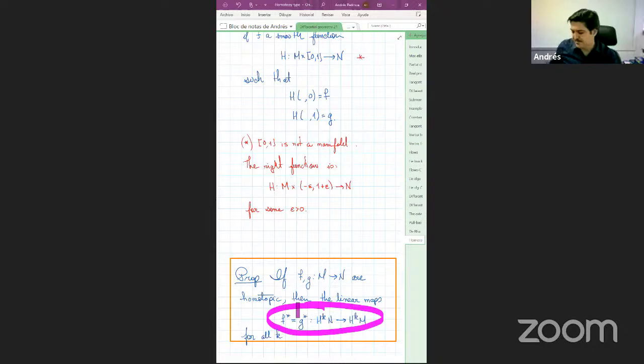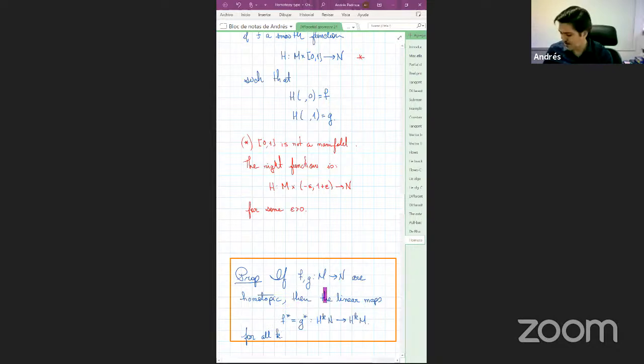So later we will see examples of this. And in fact, just so that you can note, if two manifolds are diffeomorphic, they must have the same dimension. We will see examples where the dimension of M is distinct from the dimension of N. They have distinct dimensions, but then again, we obtain this conclusion.